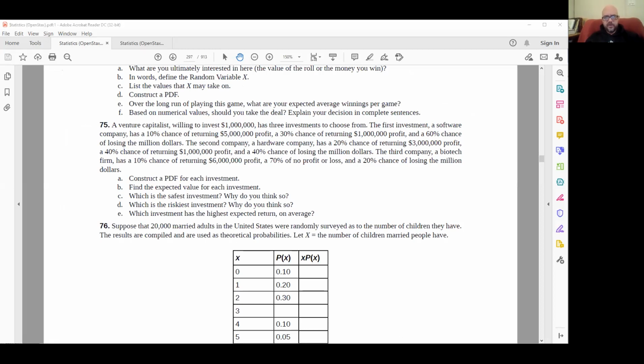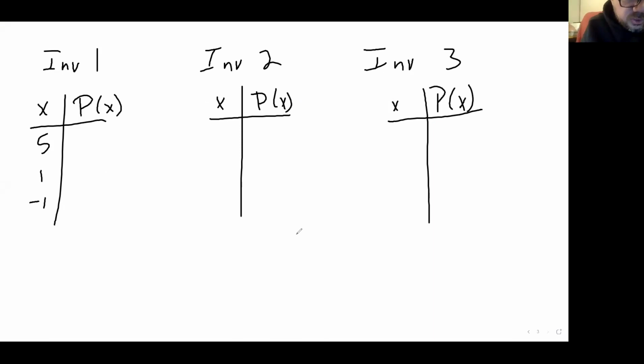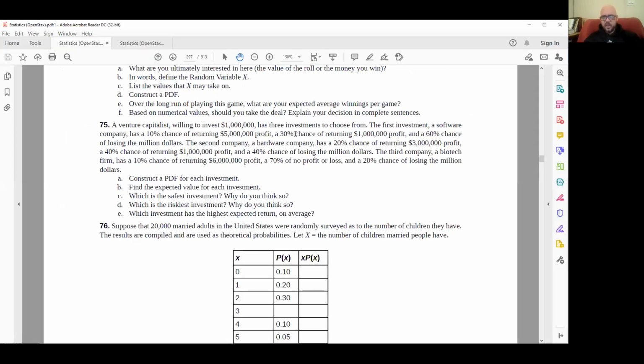This doesn't look like a great investment. So we had 0.1, 0.3, or 0.6. The second investment, the hardware company, I see they mean computer hardware, but maybe they just mean nails and hammers kind of thing. 20% to be +3, 40% to get +1, and 40% to lose everything.